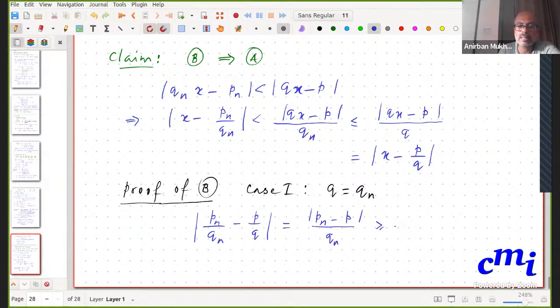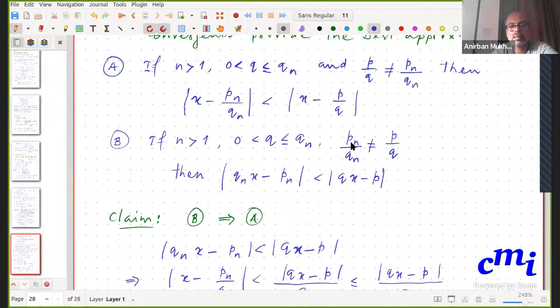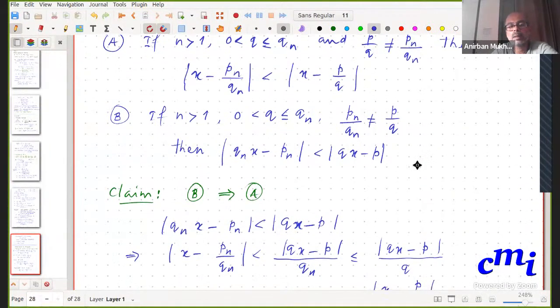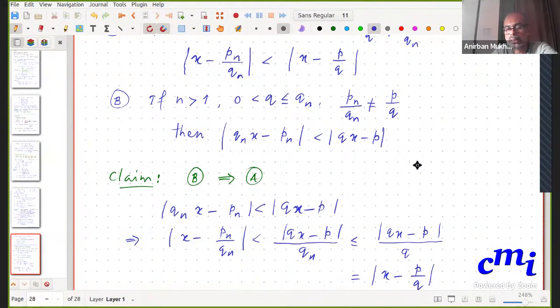And this is greater than or equal to 1 over Qn, because P cannot be Pn, as we have assumed that the rationals are different. So Pn by Qn is not equal to P by Q. So if Q is equal to Qn, then P cannot be Pn.